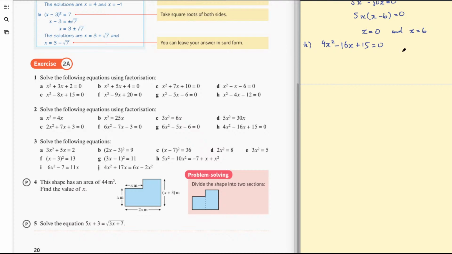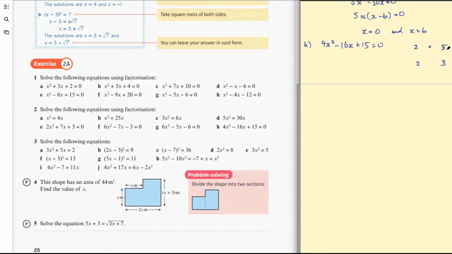And factors of 4 are 1 and 4 and 2 and 2. What could we use here to make 16? I'm thinking of 2 and 2. So they're the factors of 4, and 5 and 3.